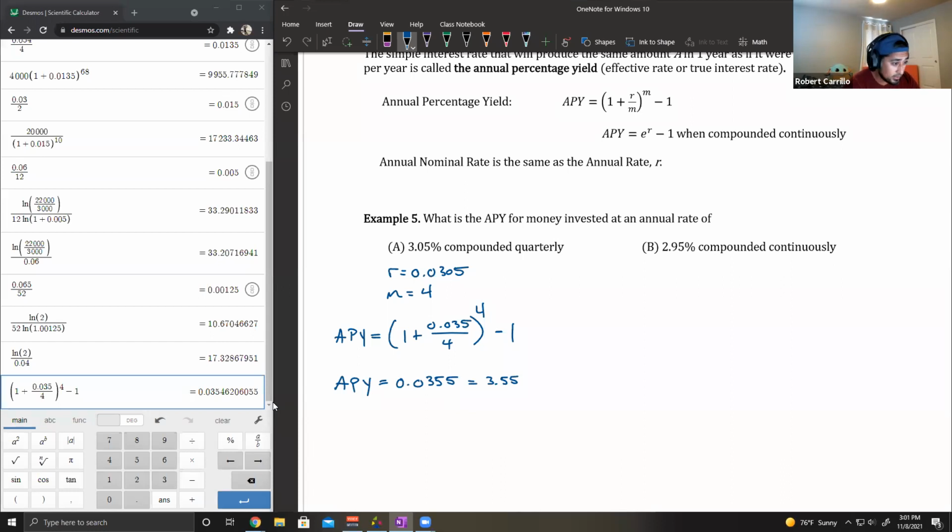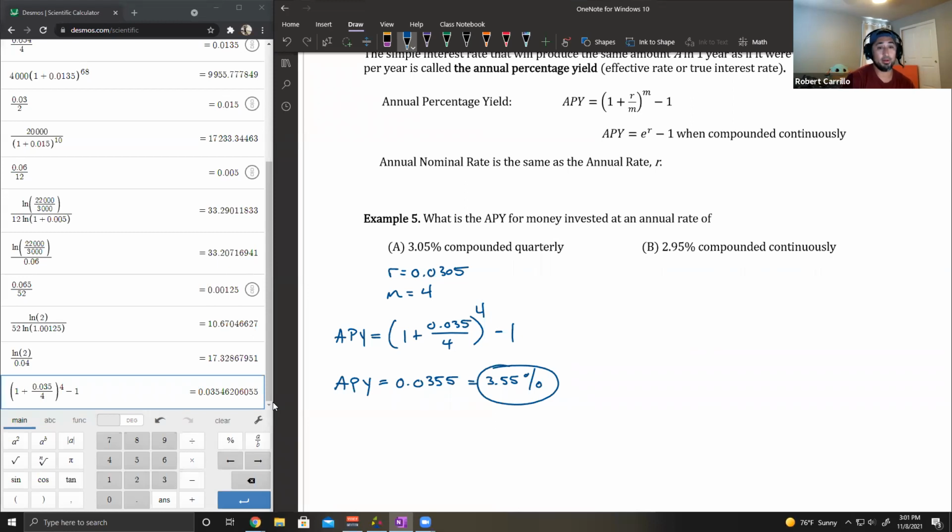Just making sure I typed everything right. So that is what you're actually being charged on your investment or loan throughout the year. 3.55%, throughout the whole year.